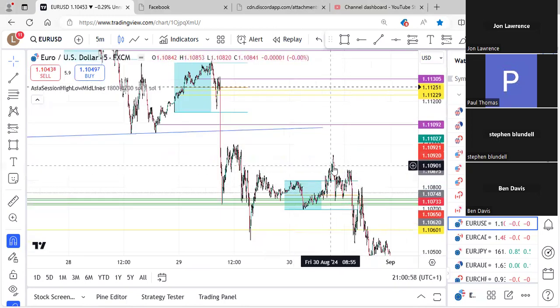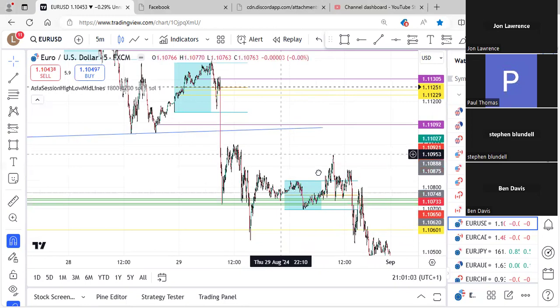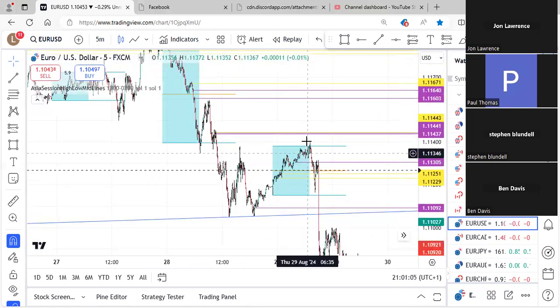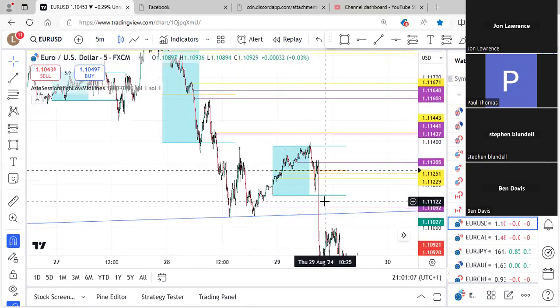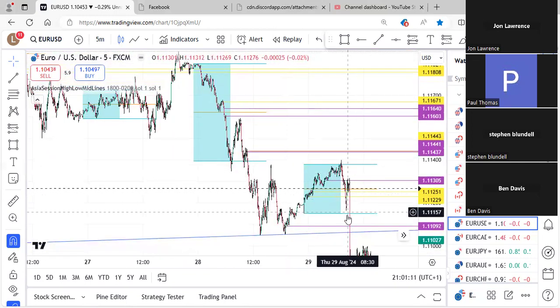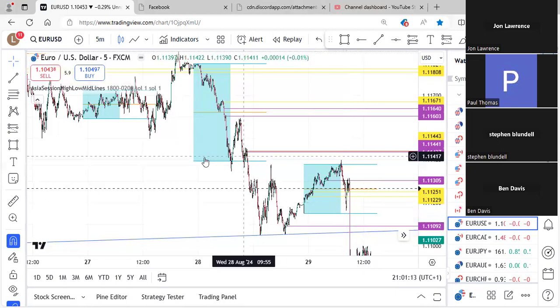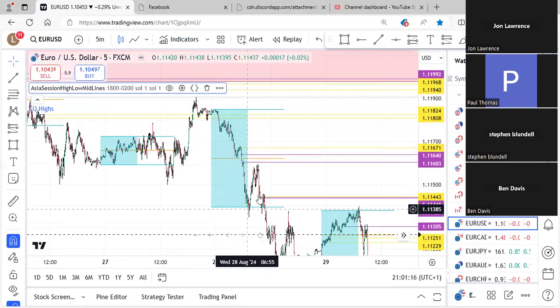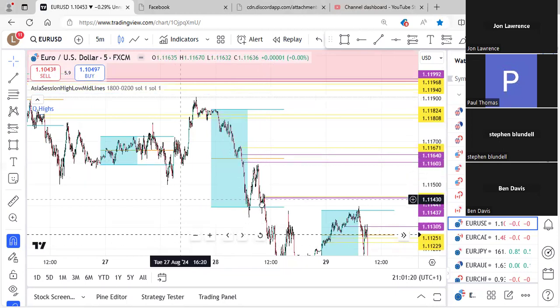So there might have been an entry in there, maybe. I think it was just shy of. If I remember right, I was talking about it on Friday. Takes the high, continues to the low. Maybe a midline retest or something, that sort of thing going on actually. Midline retest, takes the low, midline retest, continues.